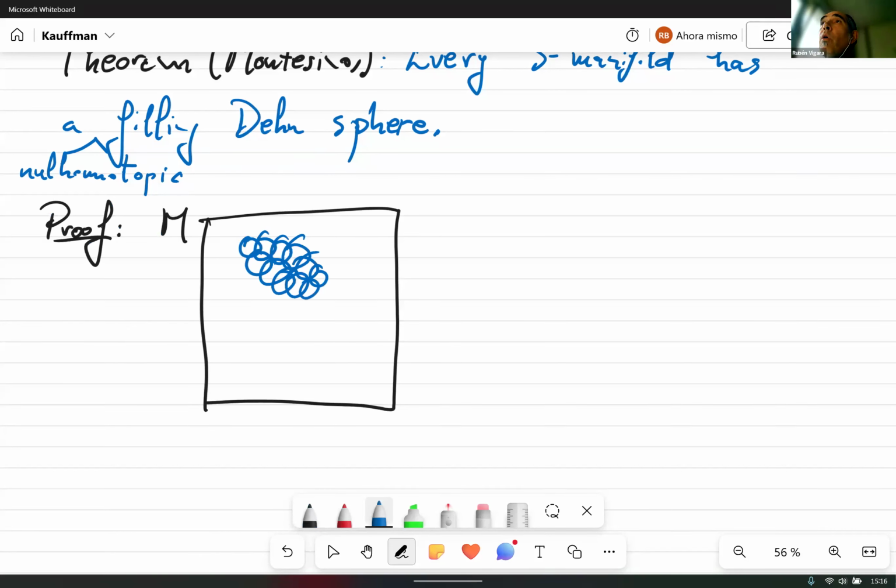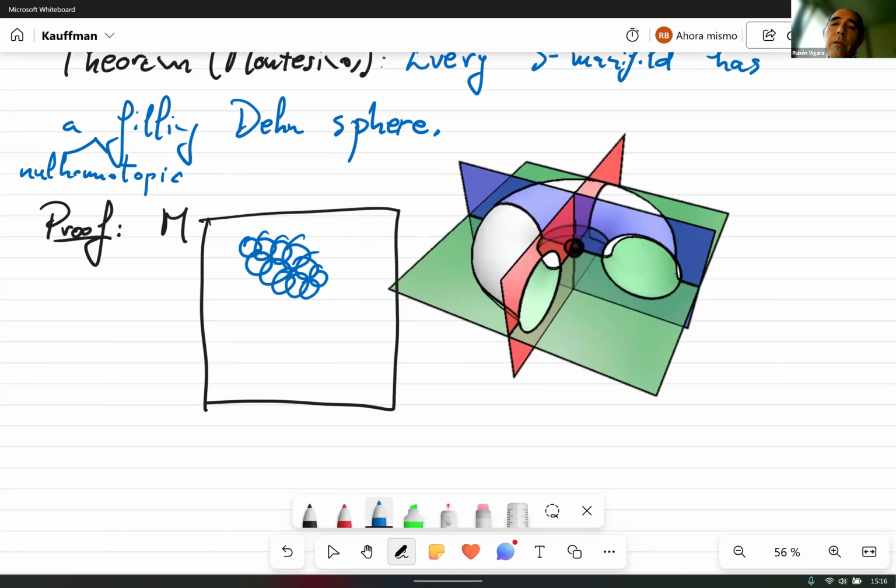And after that, we can connect these balls in pairs, in such a way that we start to connect different spheres until we obtain a unique sphere that is immersed and verifies the condition. It is a filling Dehn sphere.